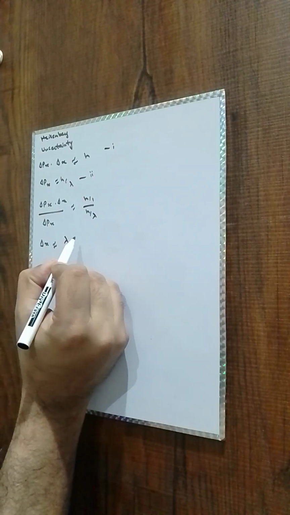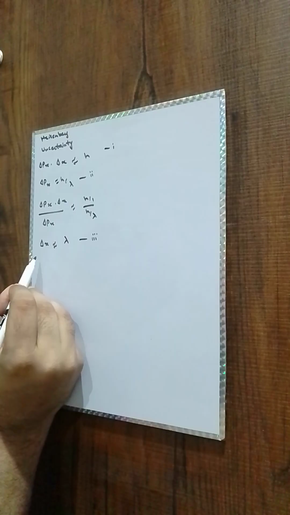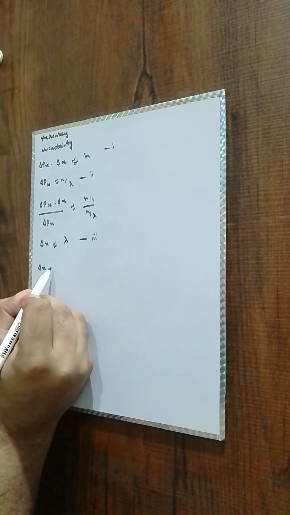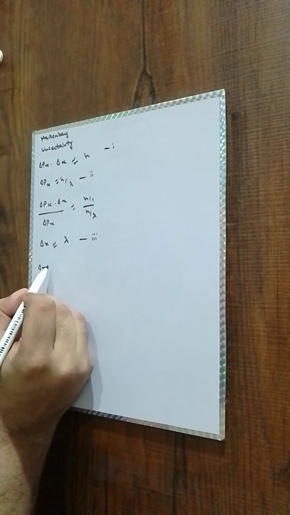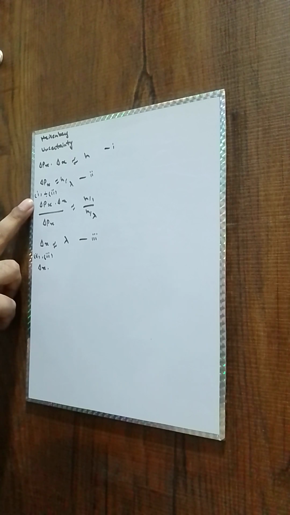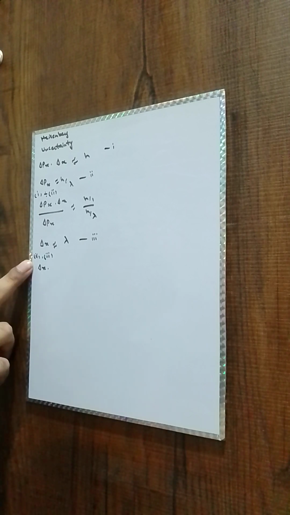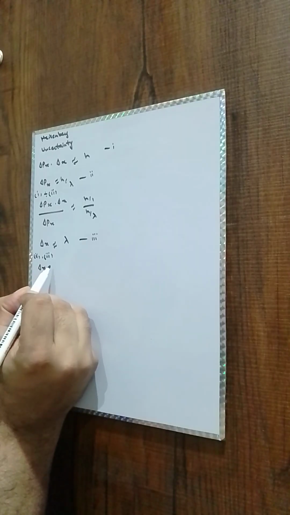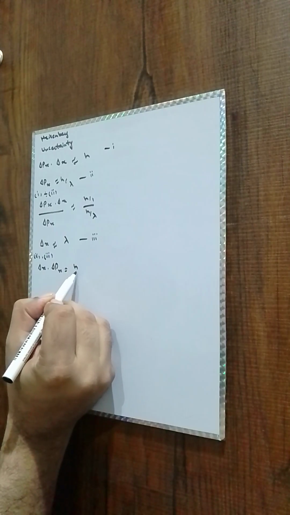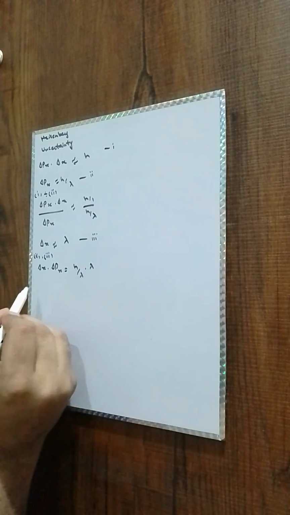Once again, if we get back to the multiplication, if we take this as 3, this one was equation 1 divided by equation 2, and this one is now equation 2 times equation 3, this times this, which means delta x dot delta px is equal to h by lambda dot lambda.